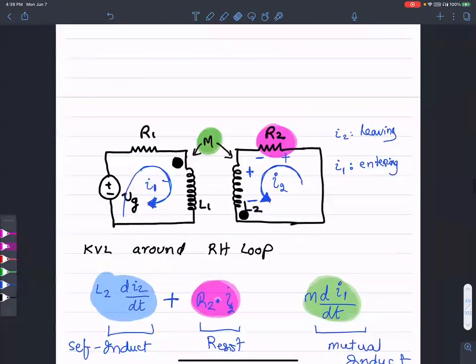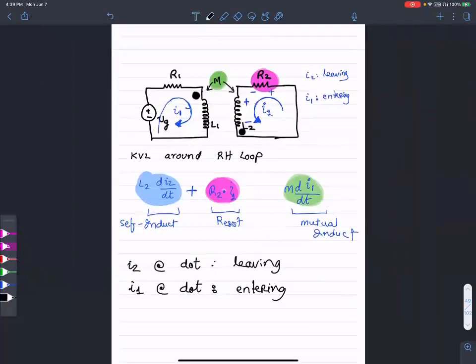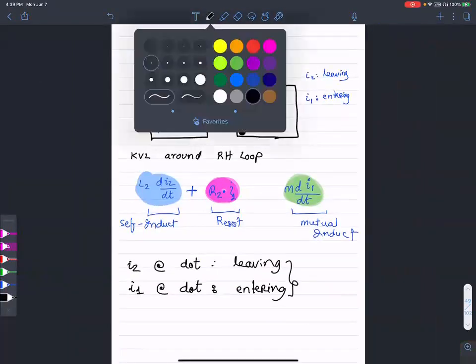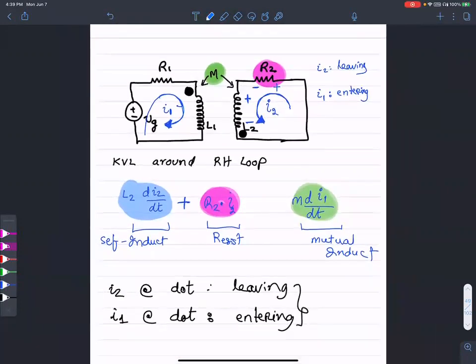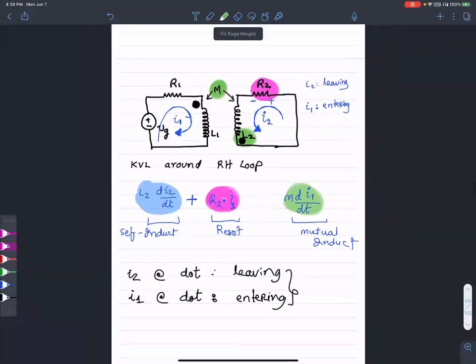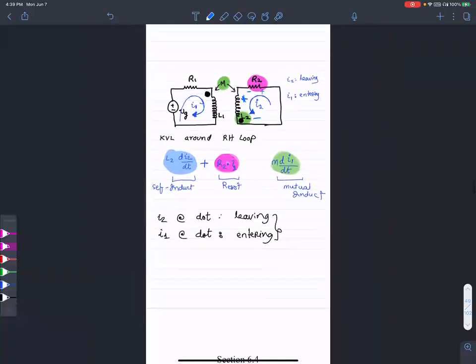So they're opposite. When they're opposite, I'm interested in this node. At that node, I get a negative, and this is a positive, which is along the direction where I1 is entering and I2 is leaving with the dot.